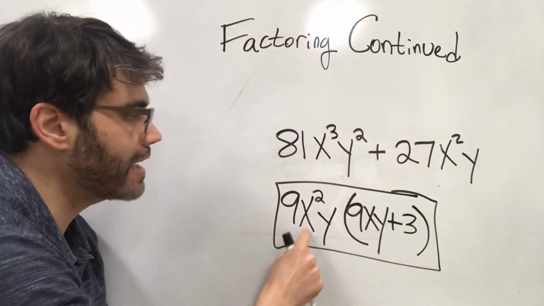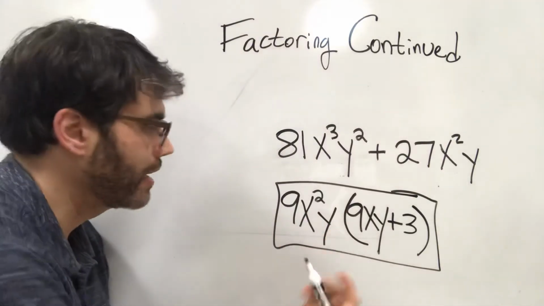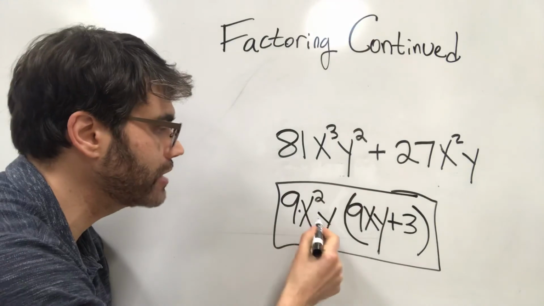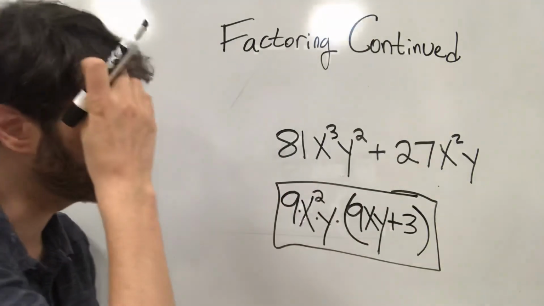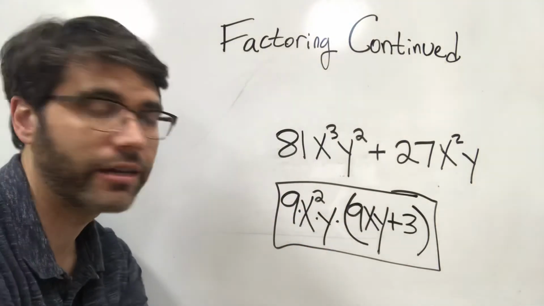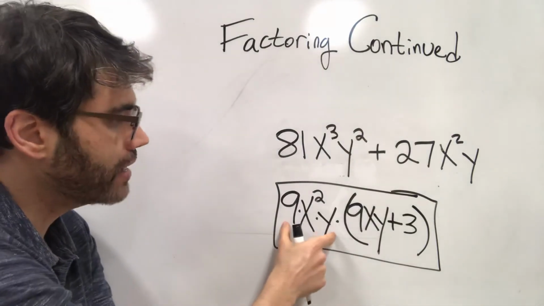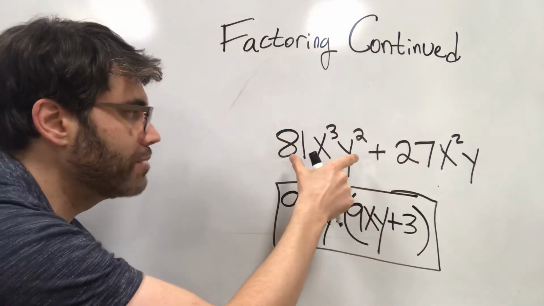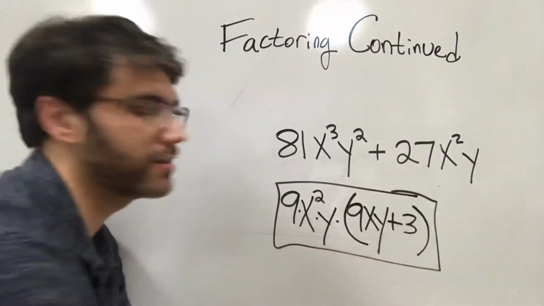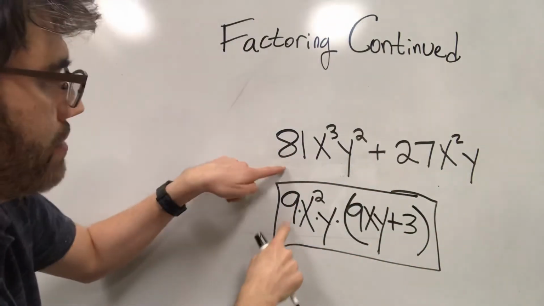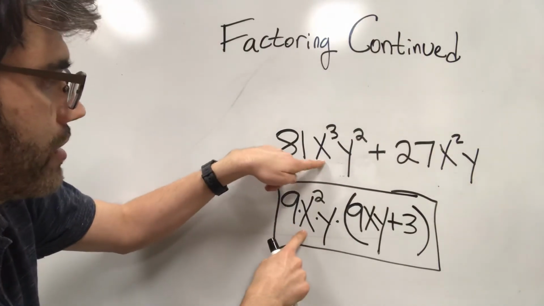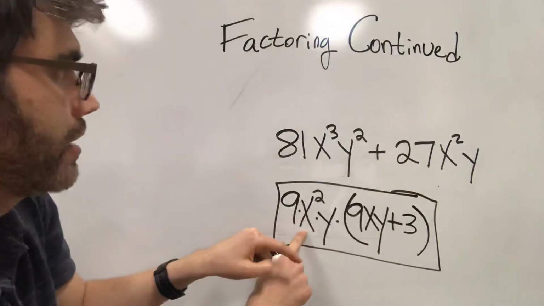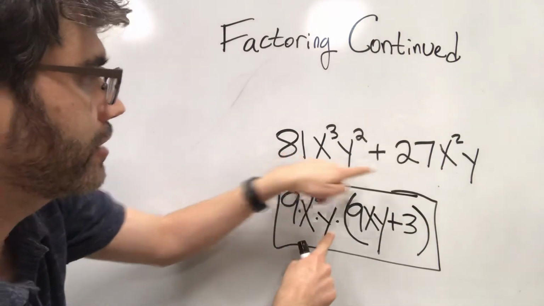So 9x squared y. If you want, you can put little multiplication signs between each of them. You don't have to, because it's implied. But do you see that 9x squared y is the greatest common factor that lives inside both this and this term? 9x squared is living in here, and x squared lives in here, and a y lives in here, and a y lives in there.